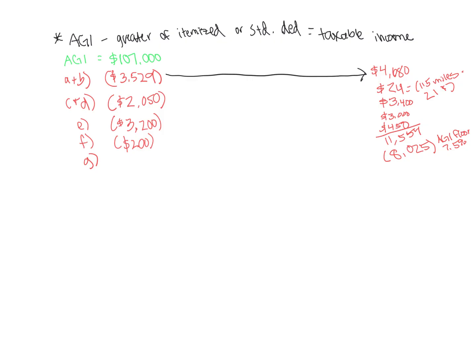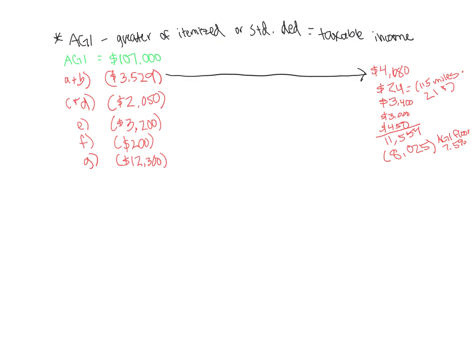So for letter G, the amount that can be included as an itemized deduction is $12,300. And that is because that number is for home mortgage interest that is allowed to be itemized.